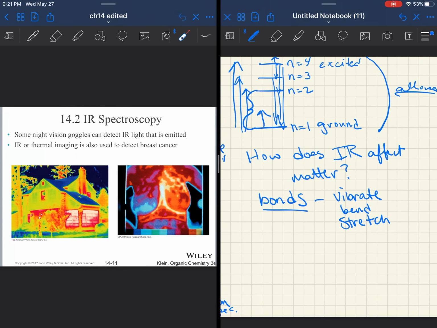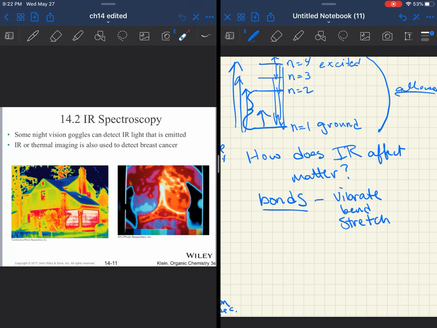Many of the experiments that we learn here have other applications, and IR is no different. We see 2 applications of IR spectroscopy when we look at night vision goggles and some cancer screenings. So the light from the sun has infrared, visible, and UV light in it. The UV is what can burn us, the visible is the light we see, and the IR is what we experience as heat.